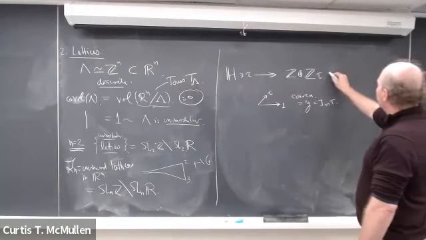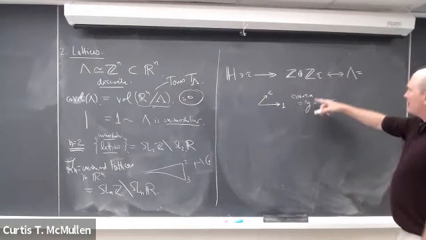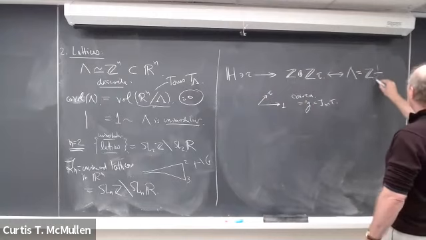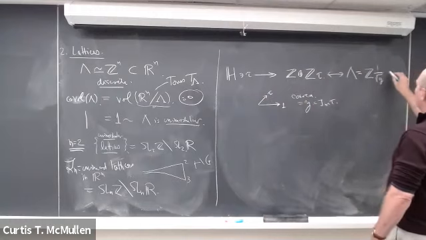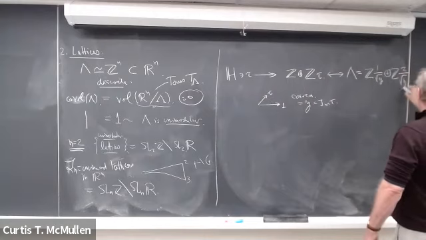So if we want to associate to a point in the upper half plane a unimodular lattice, we should rescale by the square root of y. So it should really be Z times 1 over the square root of y plus Z times tau over the square root of y.